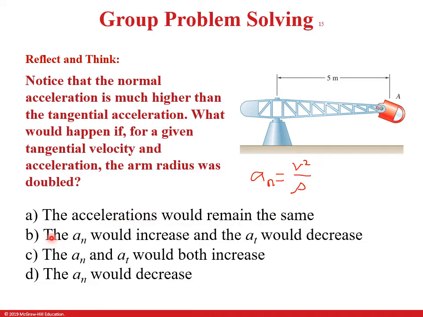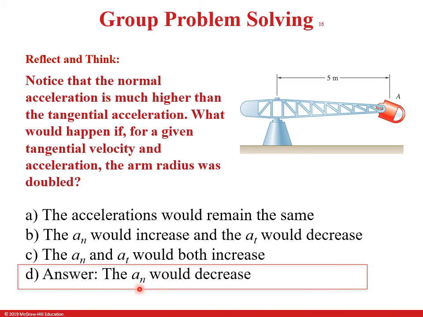No. The a sub n would increase and a sub t would decrease? No. The a sub n and a sub t would both increase? No. The a sub n would decrease? Yes, it would decrease because of what I just explained. So let's see if that's correct. That is correct. The a sub n would decrease.